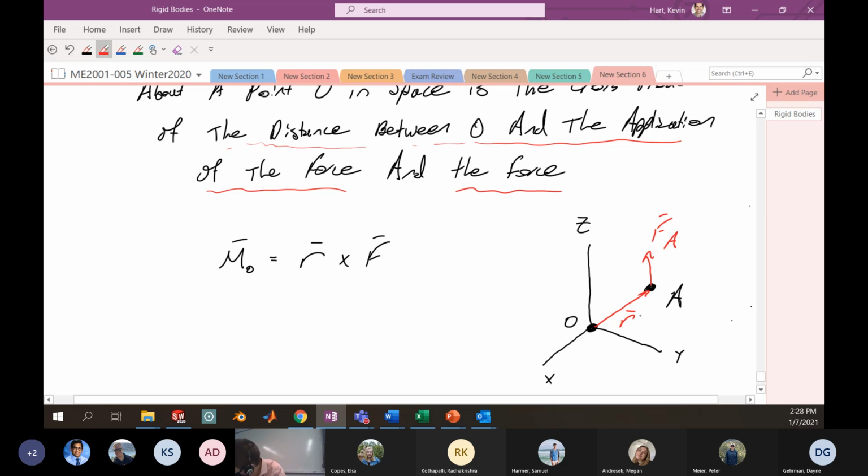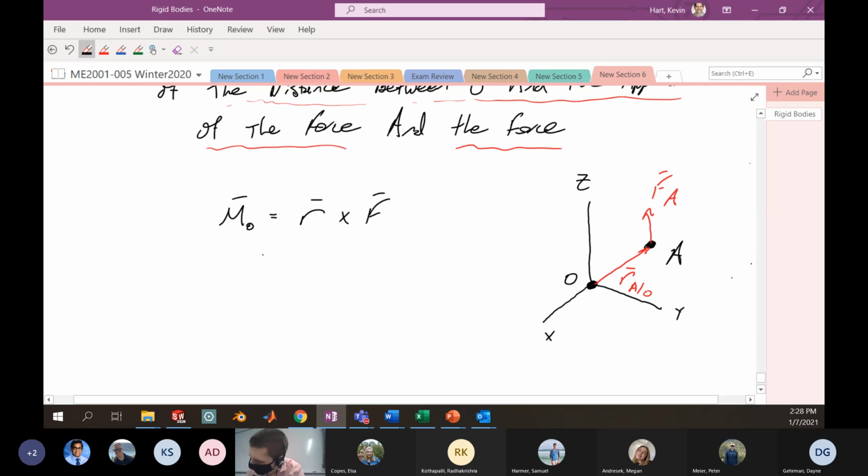And the way that I draw that is something like the position vector R arriving at A from O. All right, that's how I give my nomenclature. So with that idea, we can maybe give a little bit more reflection of this equation a little bit more clearly. The moment about O is the position vector, which arrives at A from O, crossed with the force that exists at A. That is your moment.